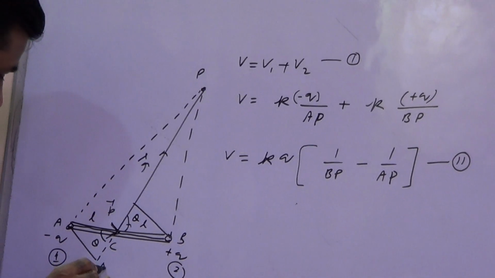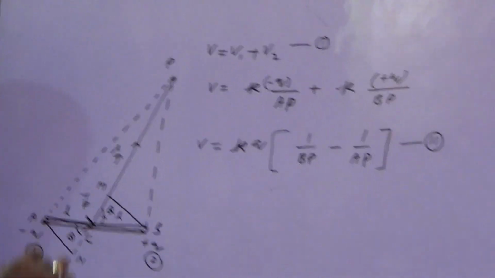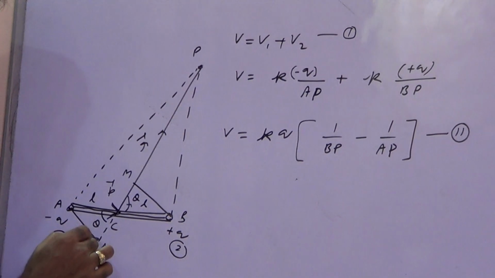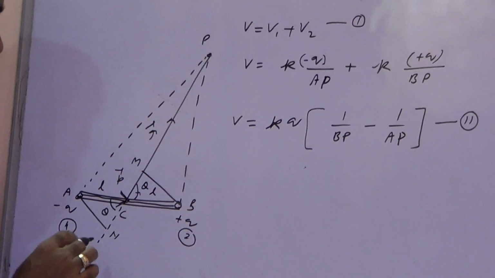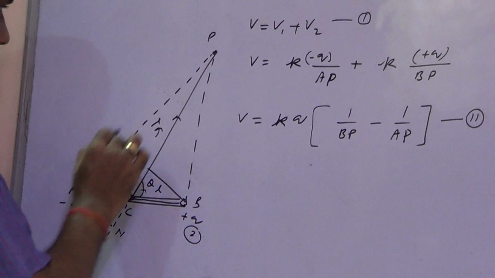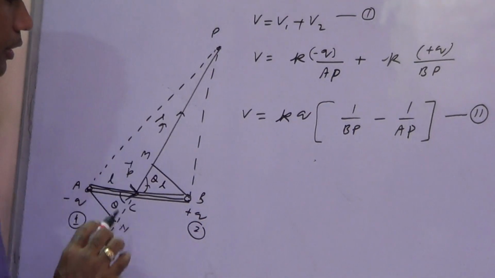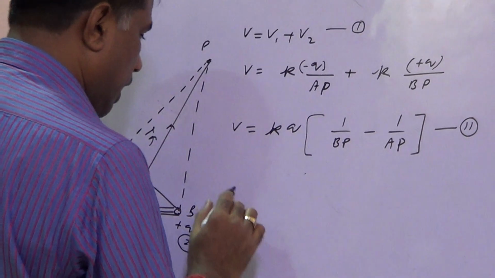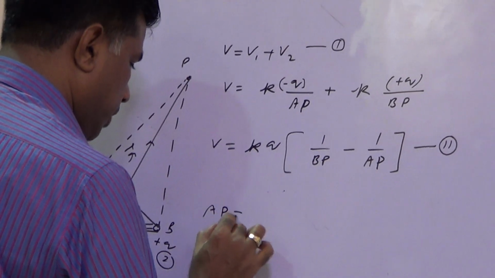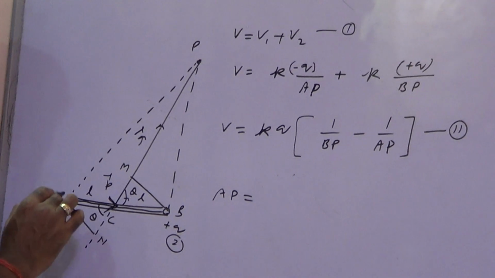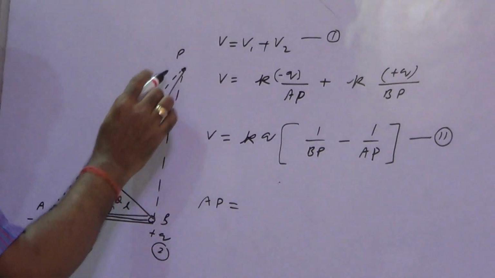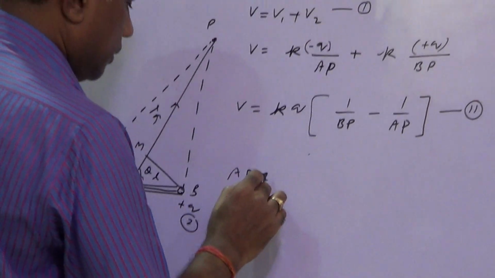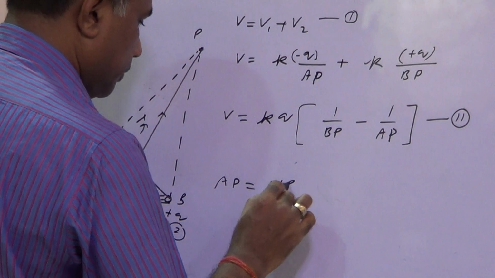Suppose this is N and this one is M. So this distance AP will be equal to NP. So in place of AP, one can write NP. I will find this AP separately. So AP equals NP.